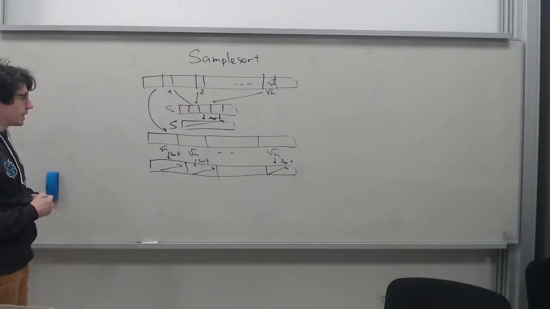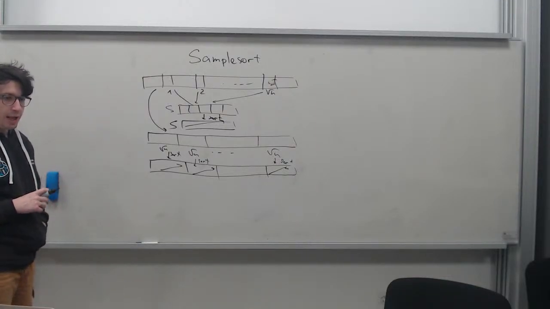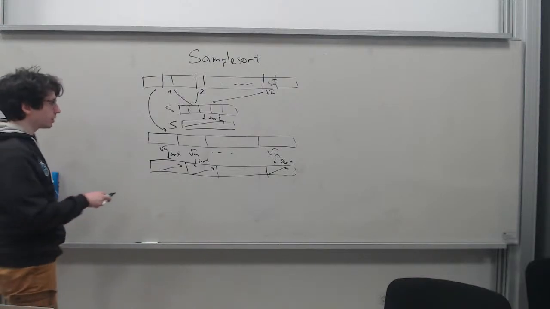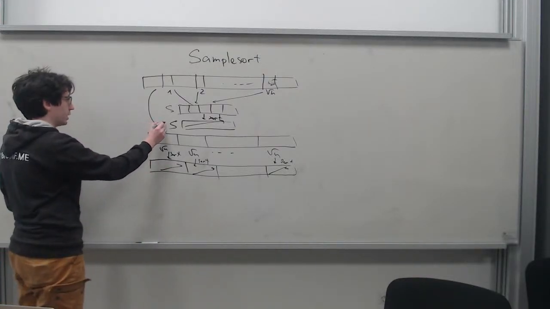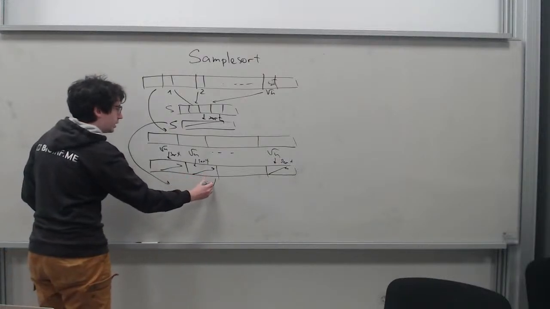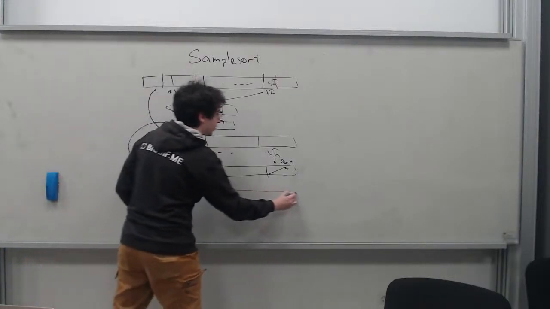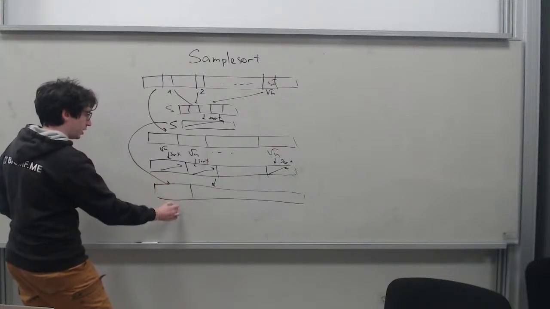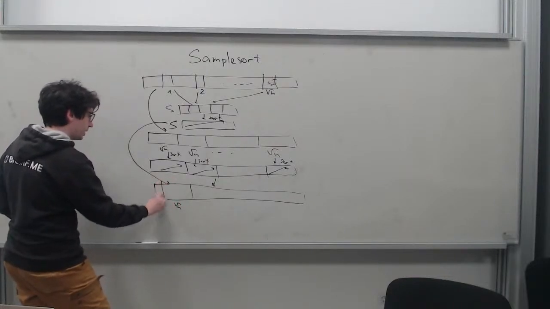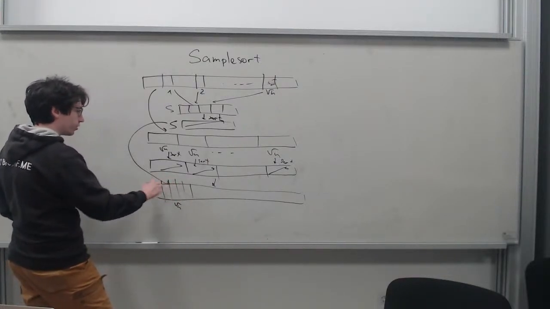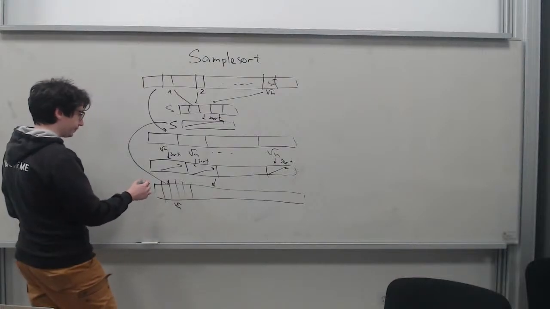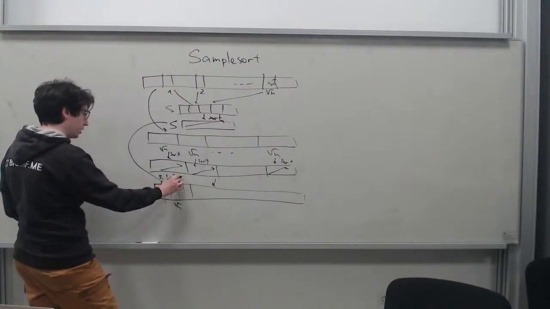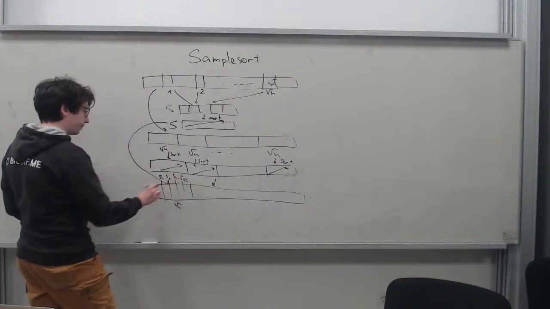Then we take the samples and find where the samples correspond to this sorted array. So we take samples here, take these guys. You have a string of length square root of n, which is split into square root of n parts. So this is S1, S2, S3, up to square root of n.